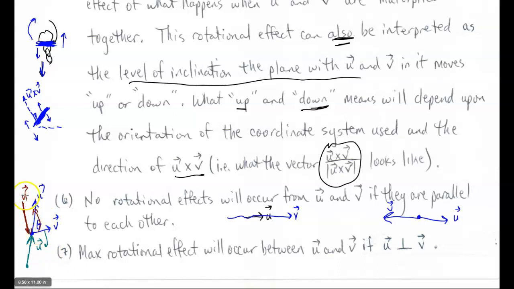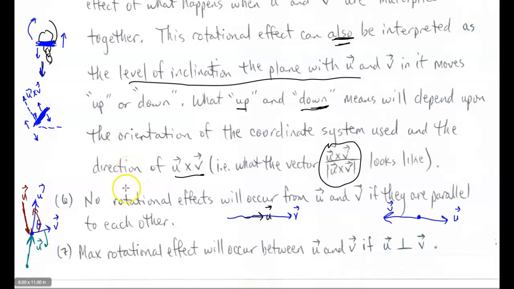Notice that when I come from down to up for u to act on vector v, the rotation is going to be clockwise. But when I come from up to down to act on vector v, the rotation is going to be counterclockwise. We want to make sure that gets embodied in this particular operation.